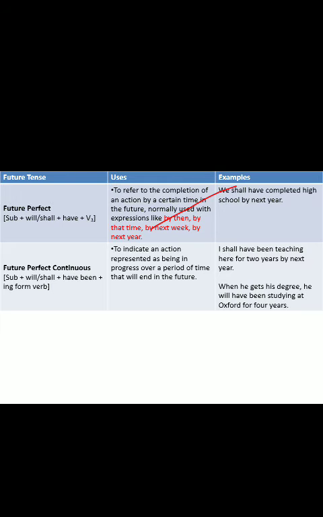All those expressions which follow by are usually written in the form of future perfect.